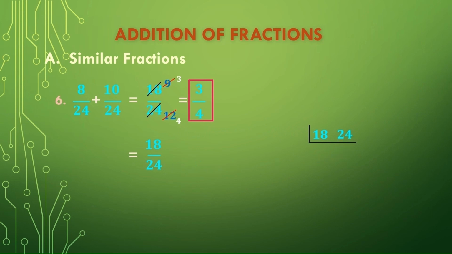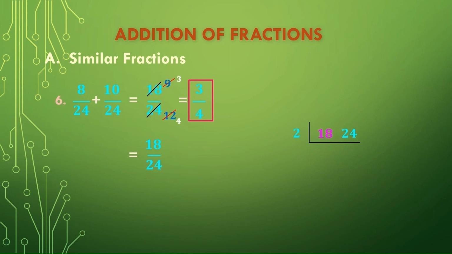Then, let us think of any common factor between 18 and 24. Since 18 and 24 are even numbers, let's have 2. Let's write 2 at the left of the inverted division box aligned with 18 and 24. Let's divide 18 and 24 by 2 and write the corresponding answer below them.